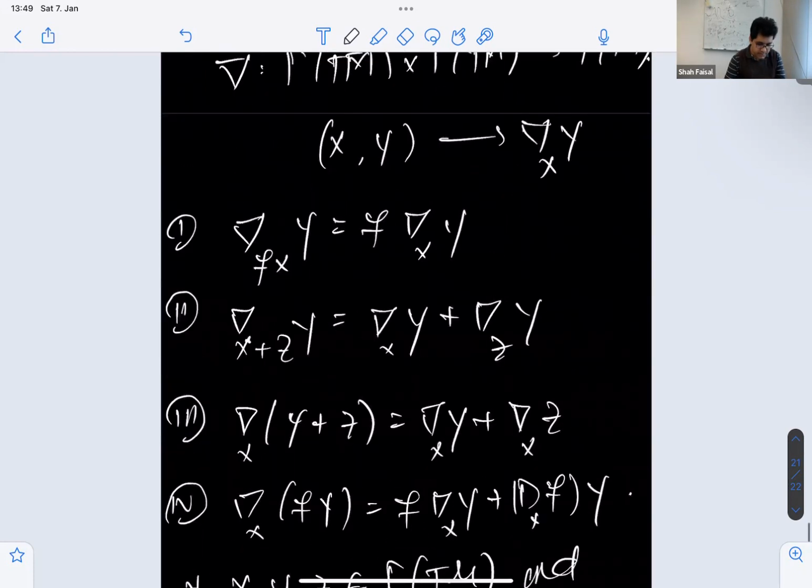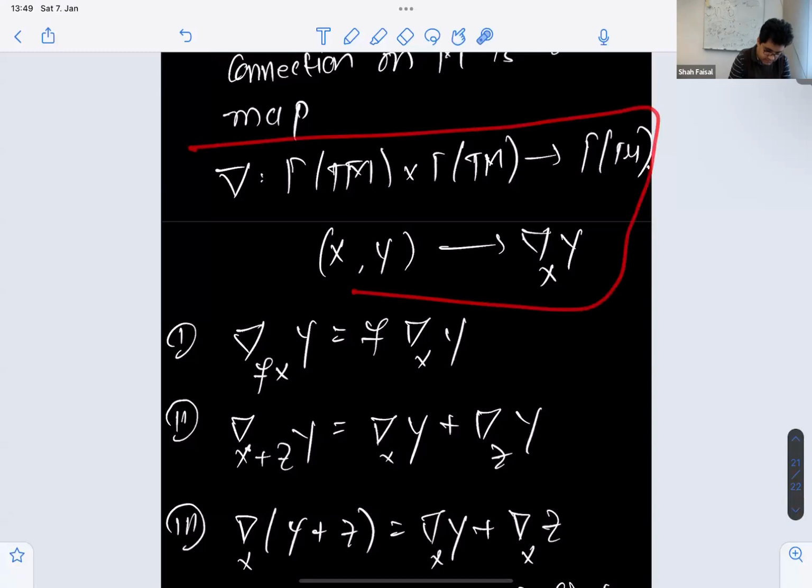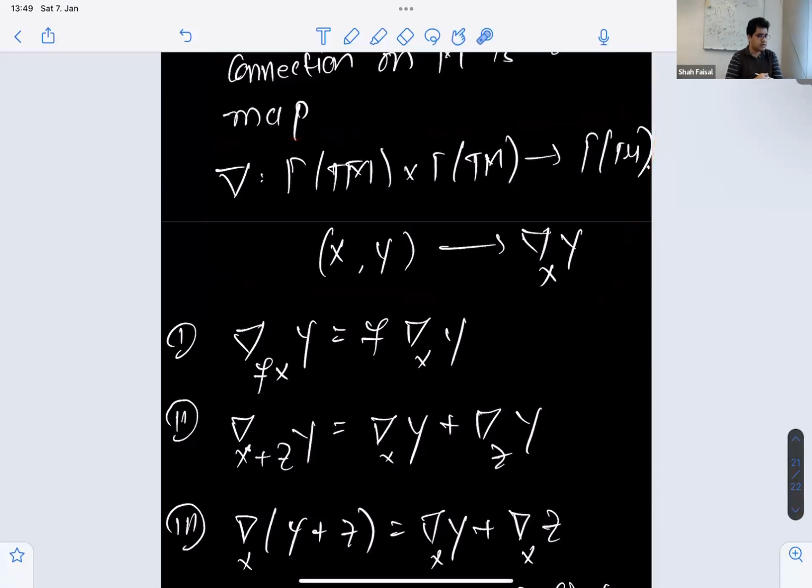This kind of mapping is called an affine connection.